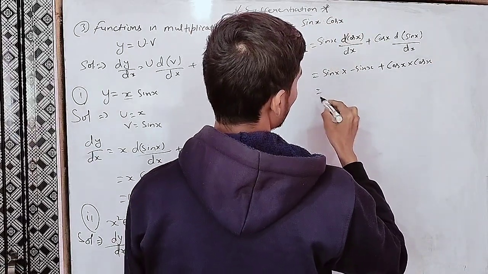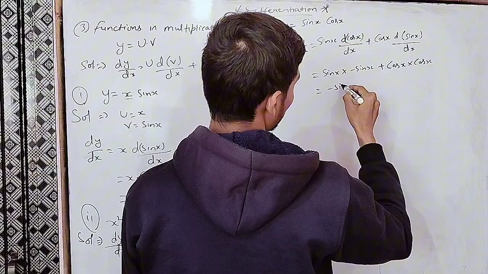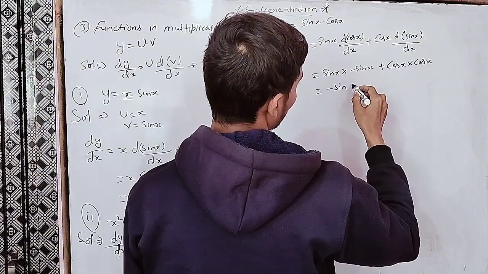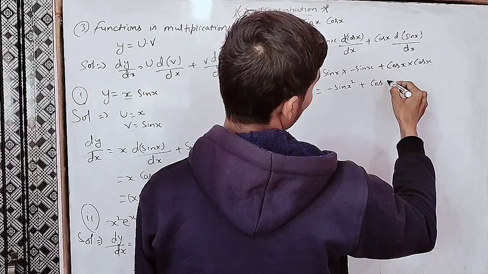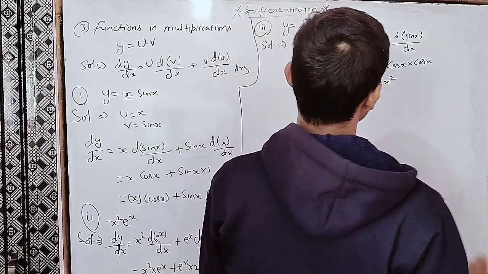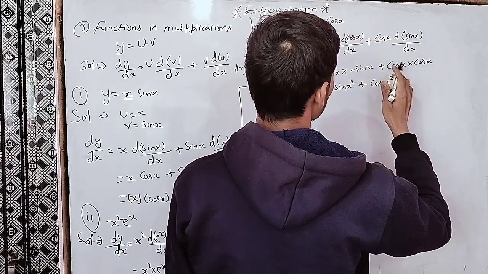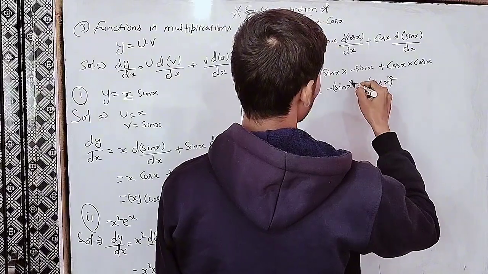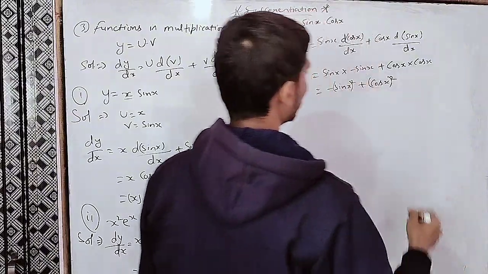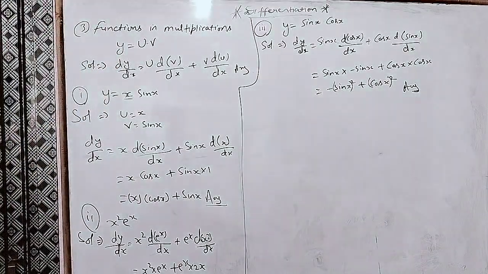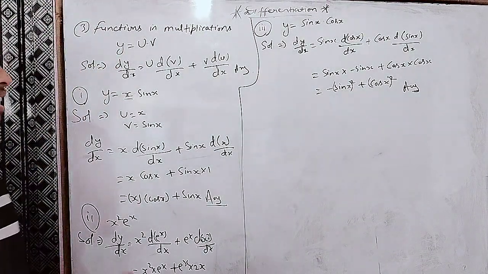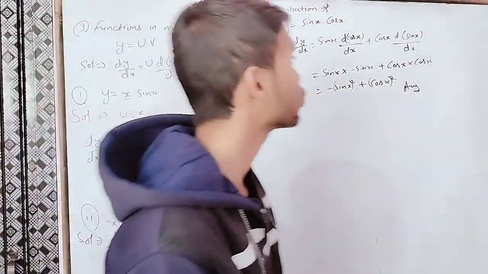Now here minus sin x square plus cos x square. That's it. These are examples, these are questions to solve.